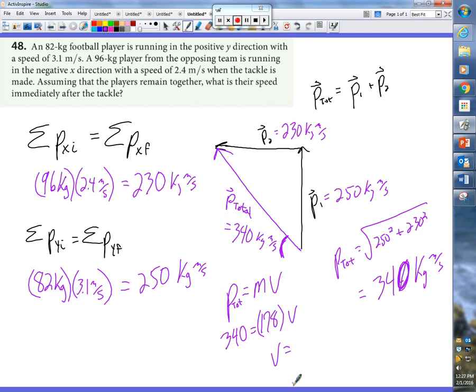So 340 divided by 178, about 1.9 meters per second, when we go to the appropriate number of sig figs. And just double check that that's a realistic number. One was going at 3.1, one was going at 2.4. They're moving together. So yeah, that makes sense. So that's our final answer there.